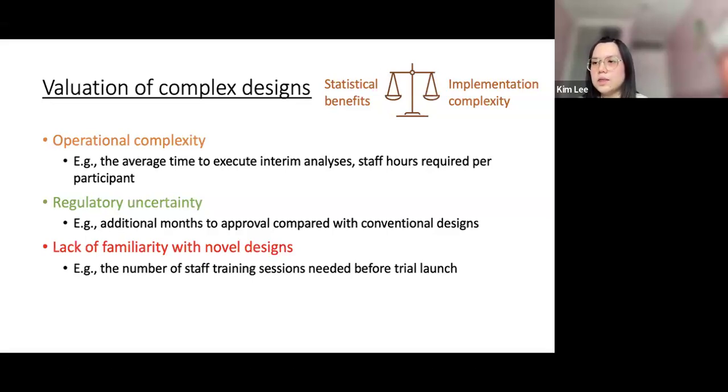We recommend quantifying non-statistical aspects for the assessment whenever possible. Some examples of quantitative measures are listed here for operational complexity, regulatory uncertainty, and the lack of familiarity with novel designs.